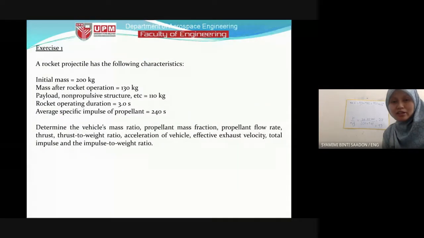For this effective exhaust velocity we use the specific impulse times the gravity.